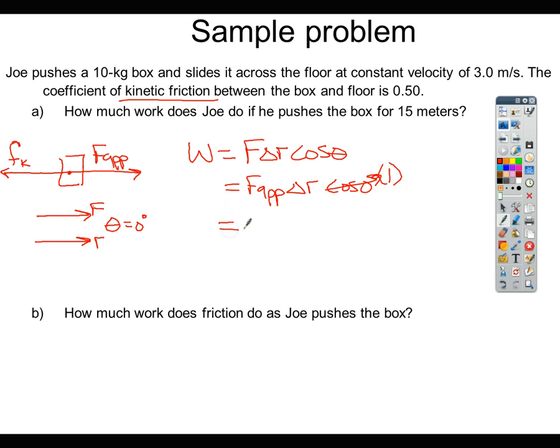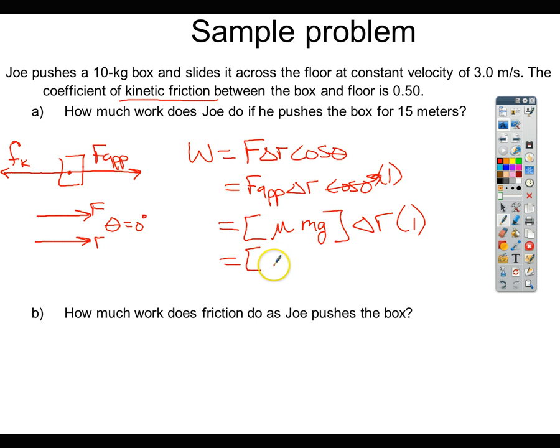Now our applied force is equal to the friction, so we're going to put mu times mg, and then we'll take that times our change in distance, and remember the cosine of the angle, which is 0, is going to be equal to 1.